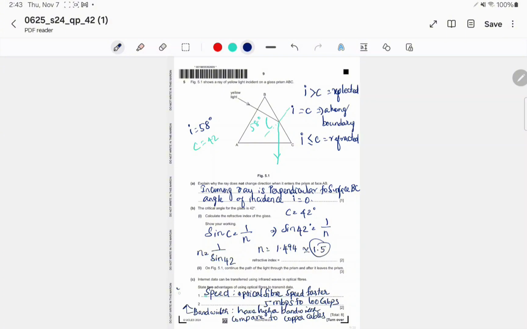I'll write here carry more data. So one is the speed, second is the bandwidth.